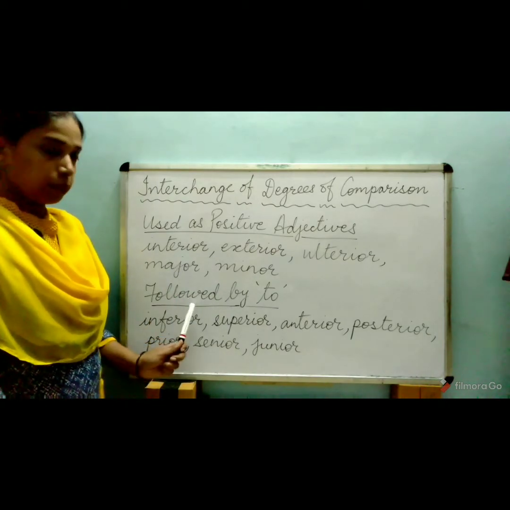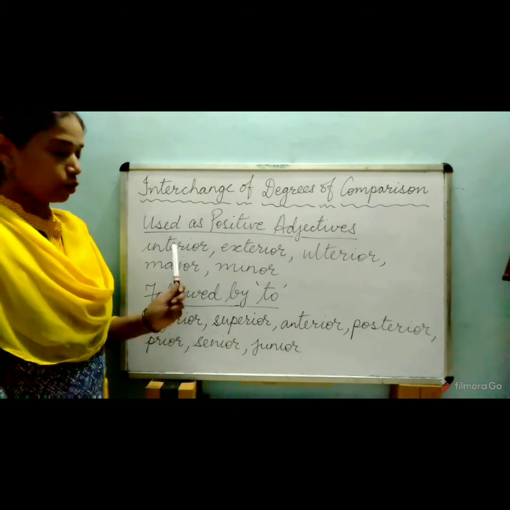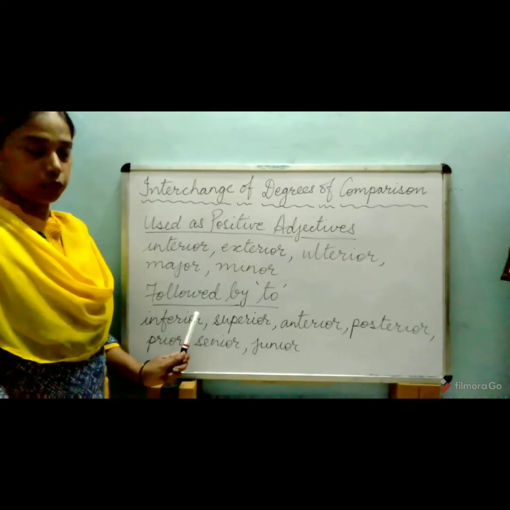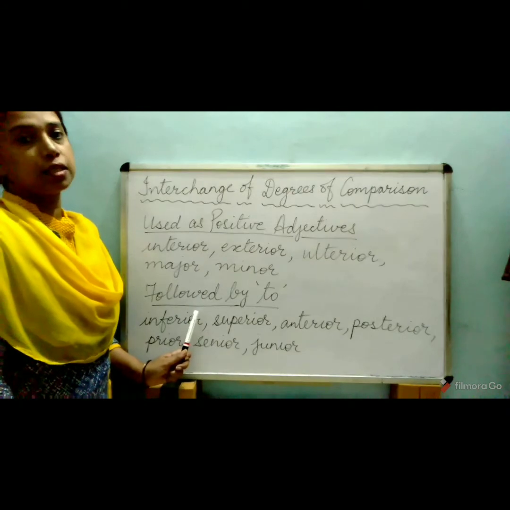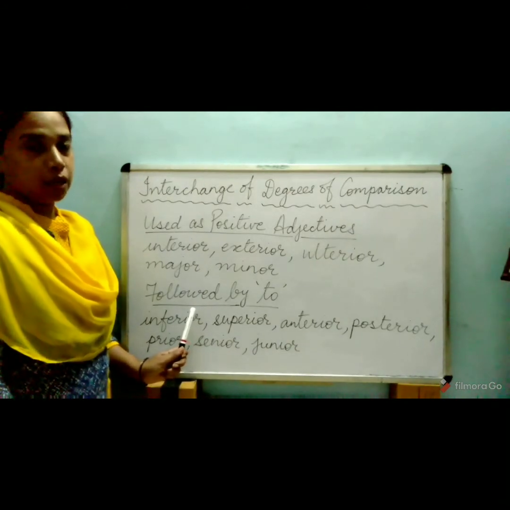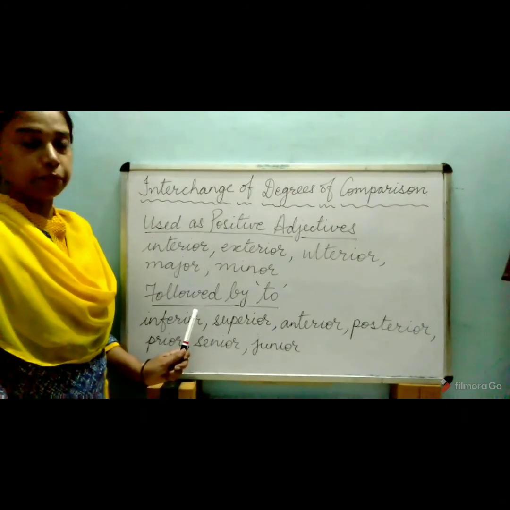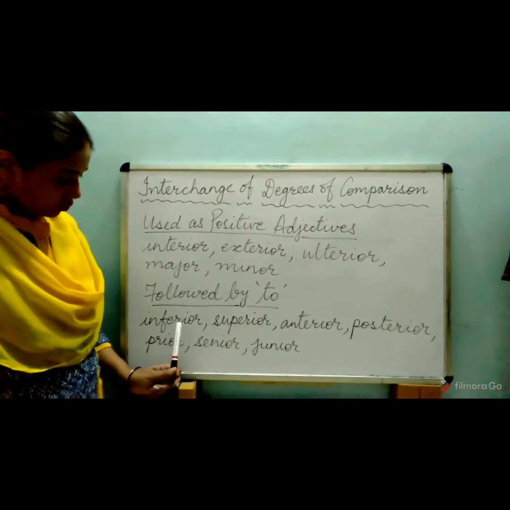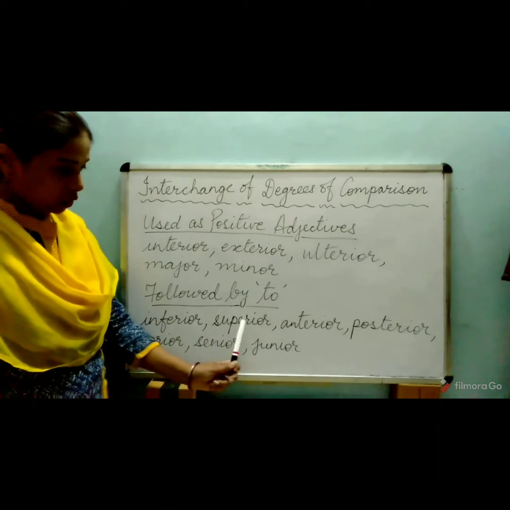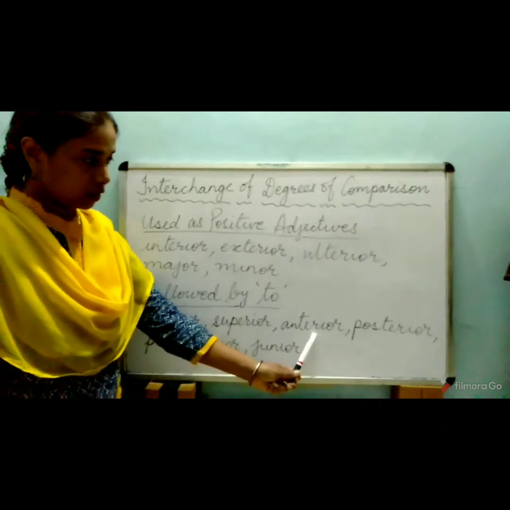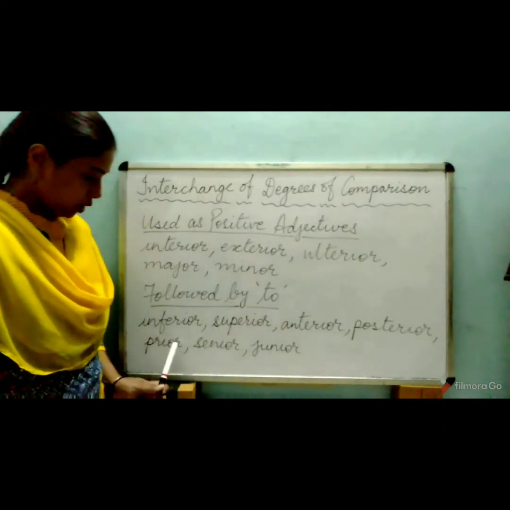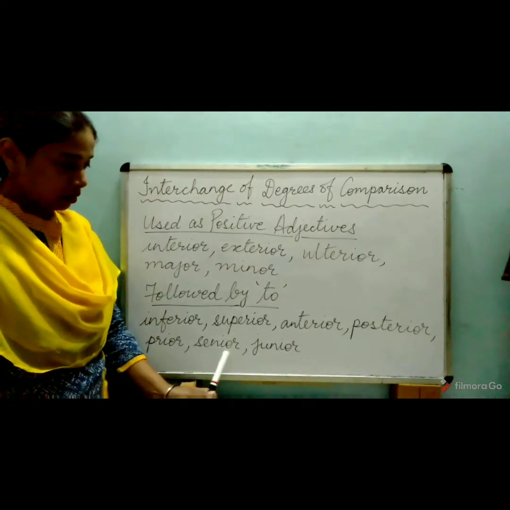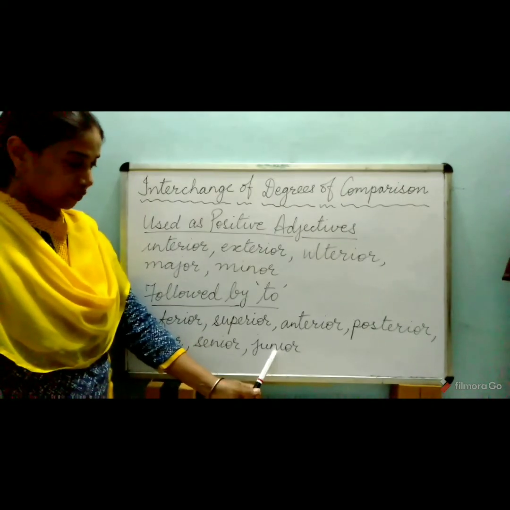Now the 7 remaining words, out of those 12, have retained their comparative meaning and are used as comparative adjectives. Those 7 words are inferior, superior, anterior, posterior, prior, senior and junior.